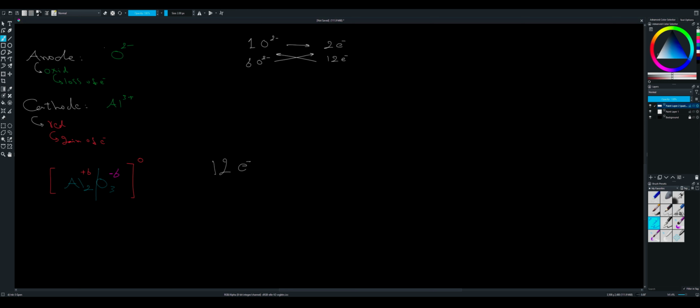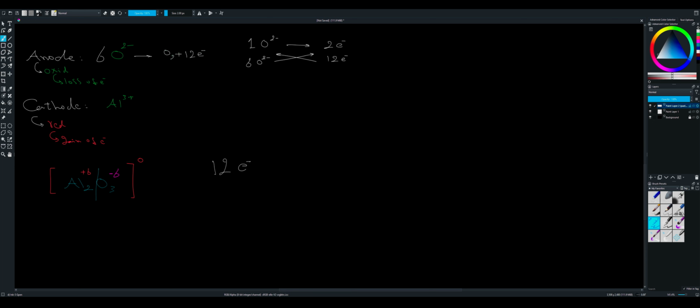So here we're going to have 6 oxygen anions. What are they going to do? They are going to lose 12 electrons, and end up forming O2 gas.